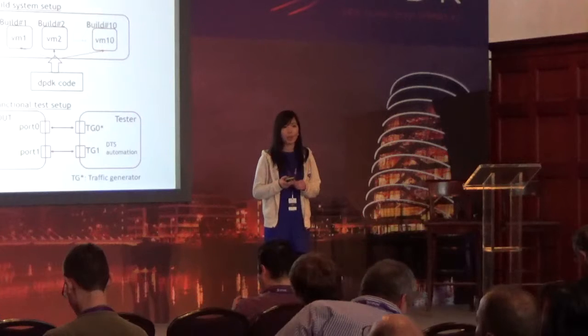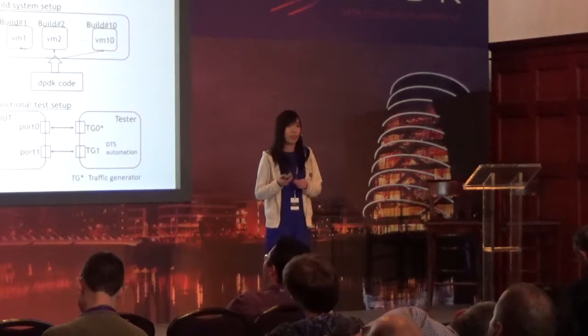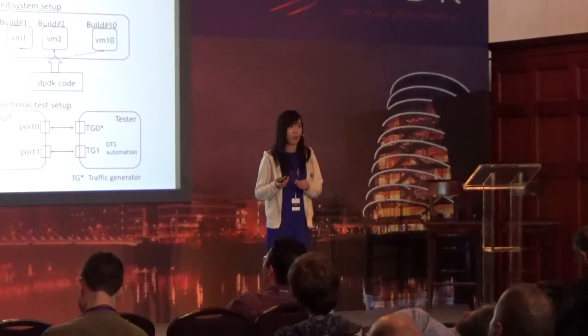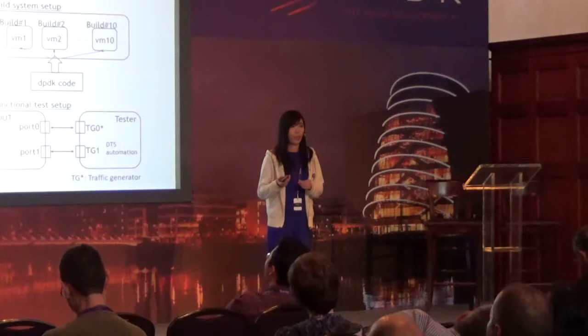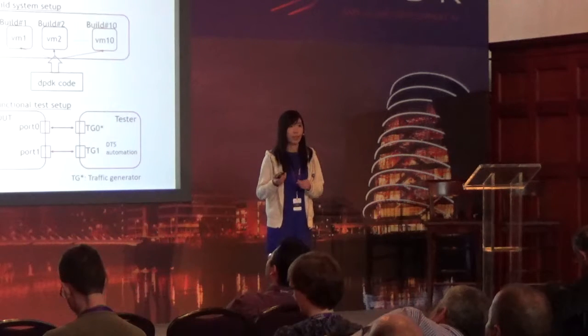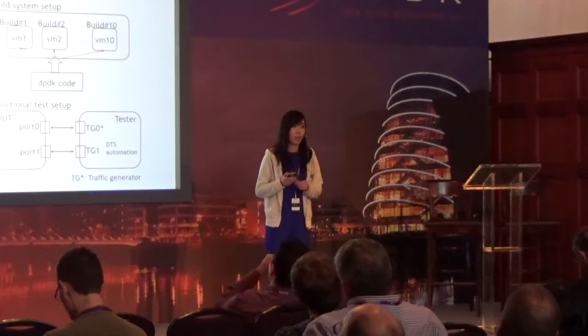And we also have the daily functional testing, covering the basic functions and the basic NICs that are widely used. We cover different OS, different compilers, and different targets. So it's for the daily regression functional testing.